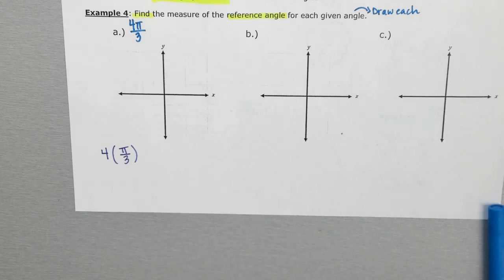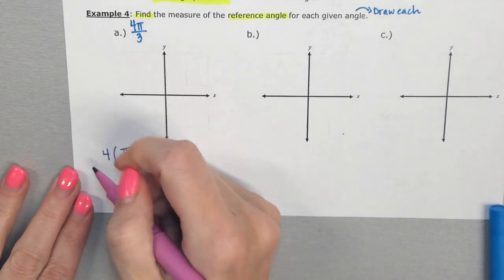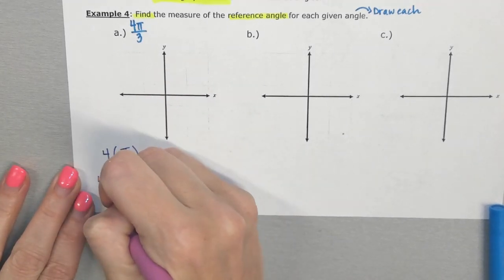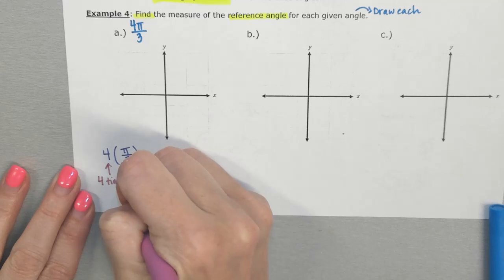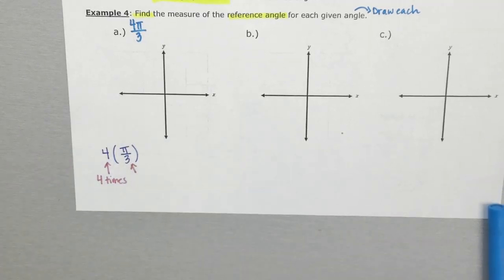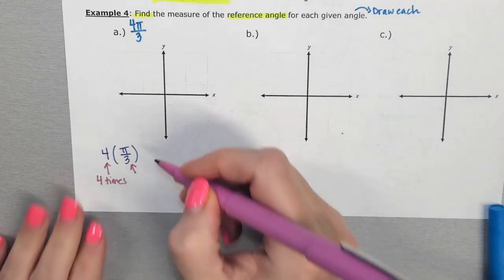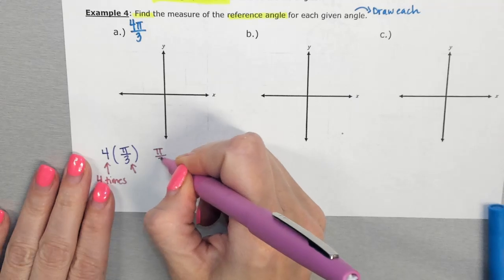The reason why this is helpful is because you can start counting with radians, which is going to be very useful. So what this means is we are going to go 4 times the measure of pi over 3. To find out what pi over 3 is, you can do your conversion.